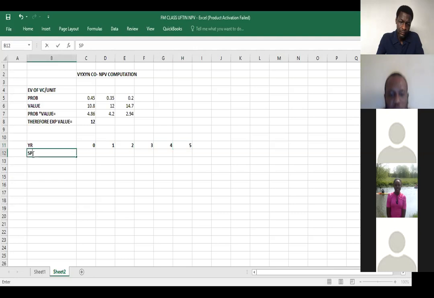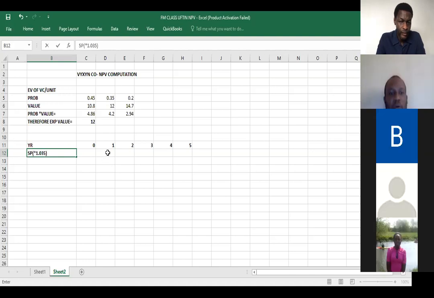Our selling price, our inflation for selling, 3.5, yeah. Three point five. So 3.5. So multiplied by 1.035 here. That's 26.5. So 26.5.